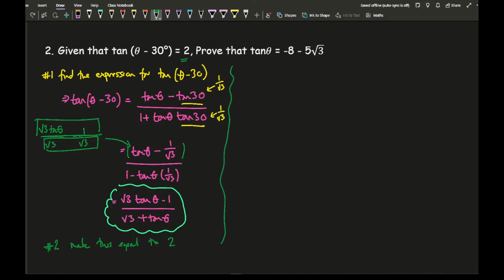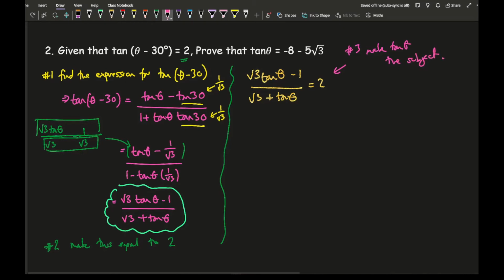So from this, and I'll get a different colour pen, we notice that root 3 tan theta minus 1 over root 3 plus tan theta equals 2. Now what you want to do is make tan theta the subject.